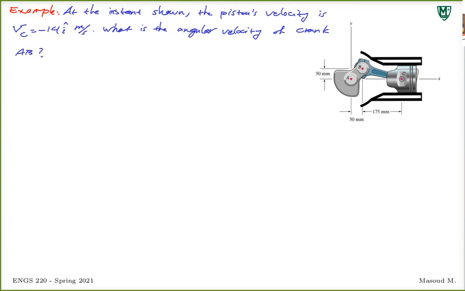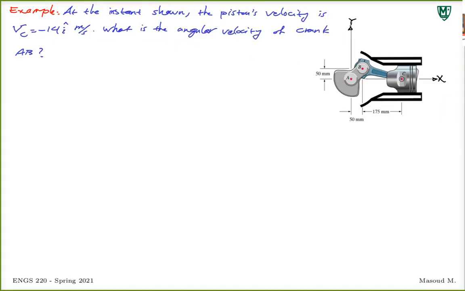All right, so when it says 14 meters per second in i, it means in X; this is your global frame, which we represent with uppercase X and uppercase Y. It tells you that VC is 14 meters per second in the negative X direction.